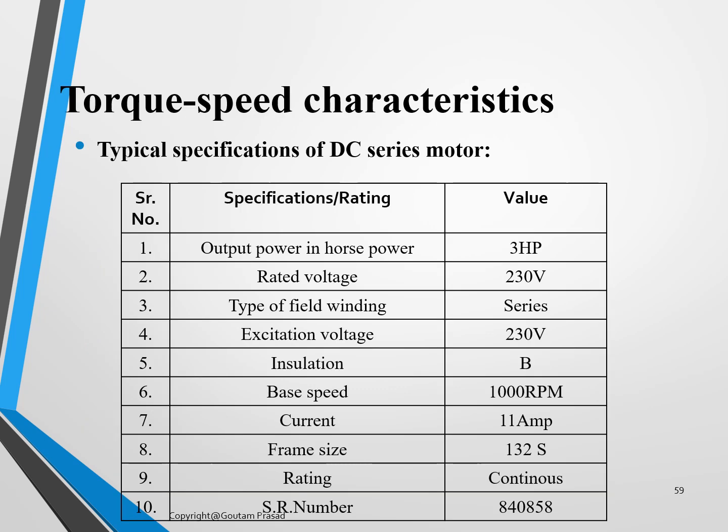So here is a typical rating of the DC motor that has been shown. Output 3 HP motor, 230 volt series wound, and 230 volt is the excitation voltage. Insulation class is B, 1000 RPM is the base speed, current is 11 amperes, frame size is 132S, rating is continuous, and serial number is 840858.